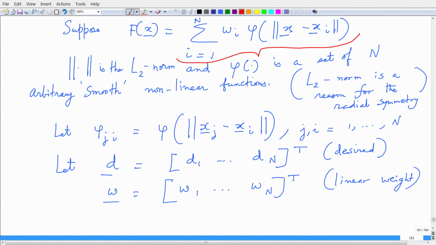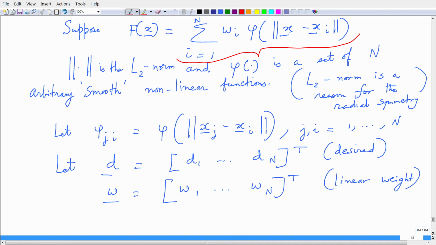And you may wonder at this stage why we are bringing in this L2 norm here within this non-linear function. L2 norm has radial symmetry, it is isotropic, and so it does not skew the direction, and we want to have these non-linear basis functions with radial symmetry.